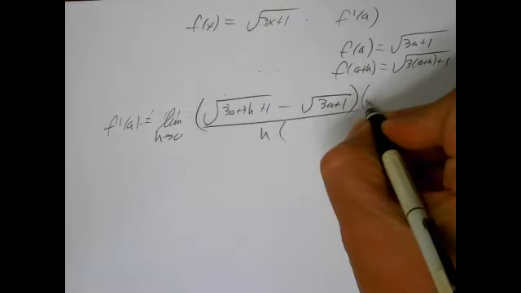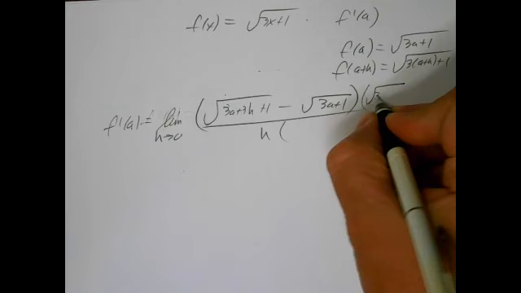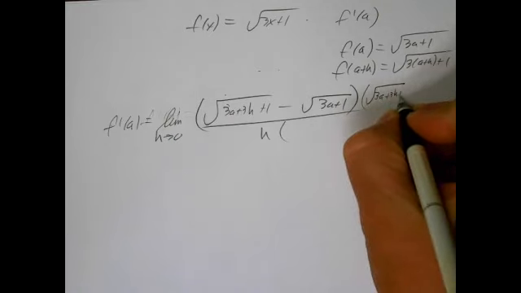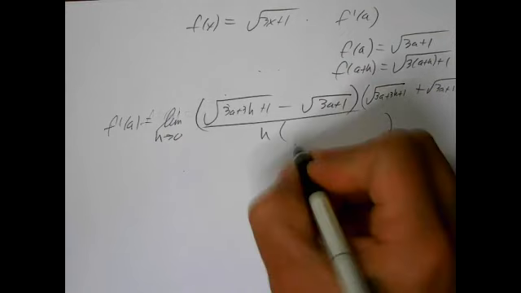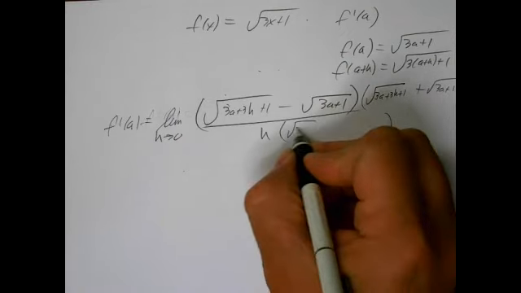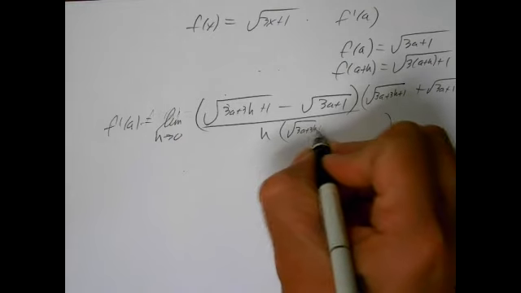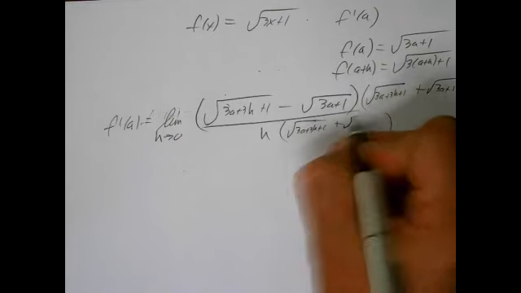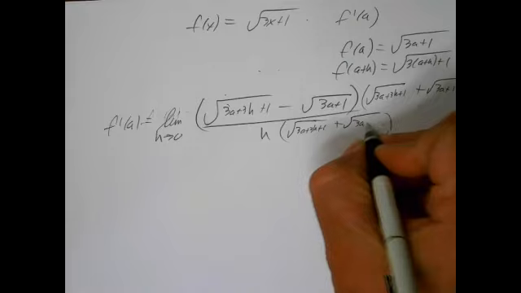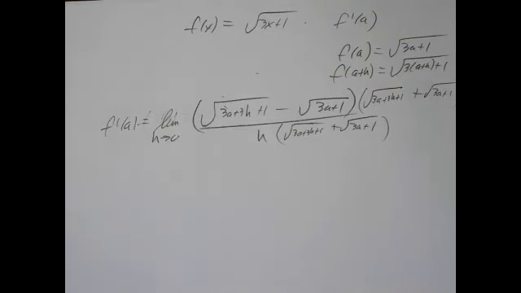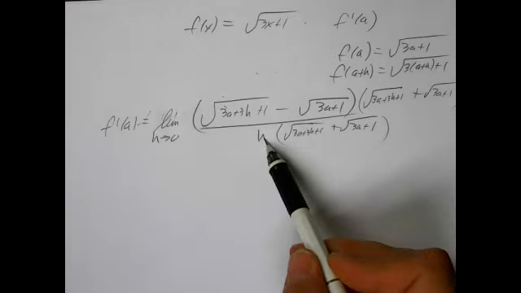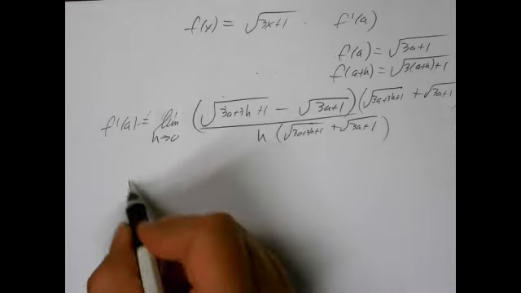We're going to multiply by the square root of 3a plus 3h plus 1 plus the square root of 3a plus 1 on top, and by the same thing on the bottom as well. What you'll find with these, if you work enough of them, is that you don't really want to distribute on the bottom. You're going to be hoping that this h will cancel out at some point, so don't distribute.